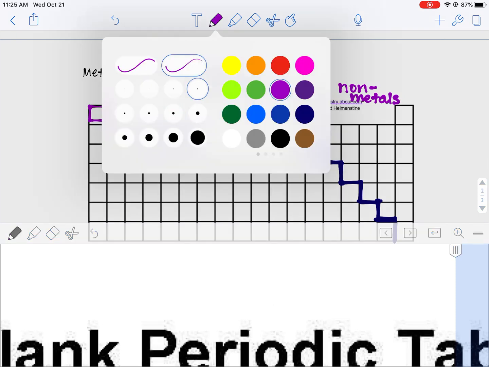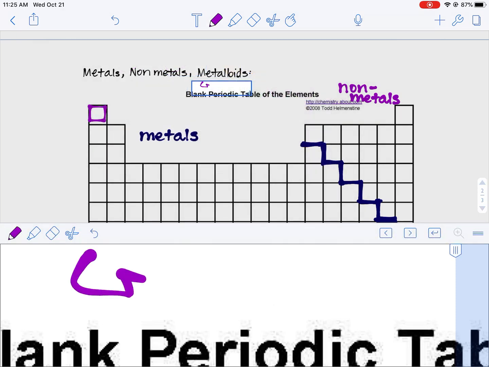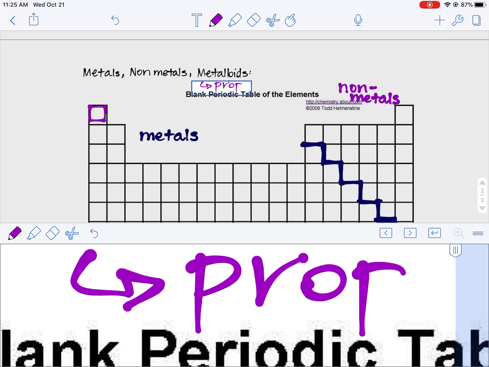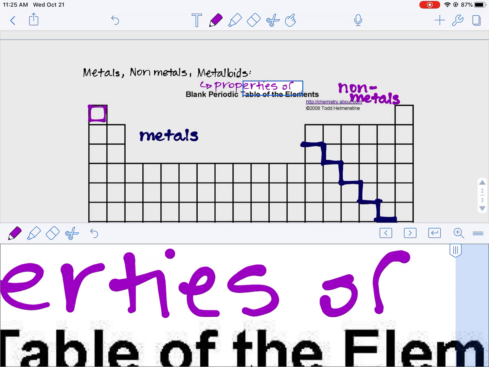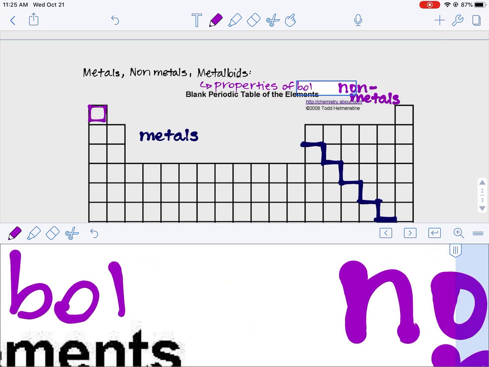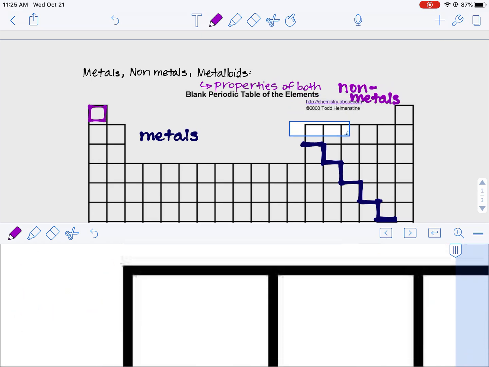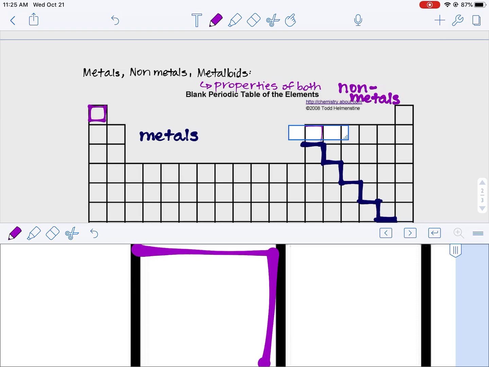Metalloids, those are elements that have properties of both metals and nonmetals. They're the ones that are going to exist on the staircase.